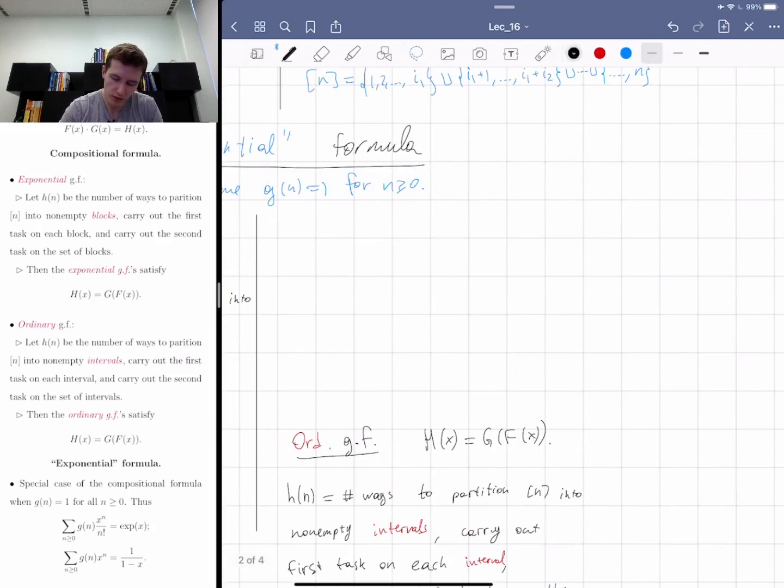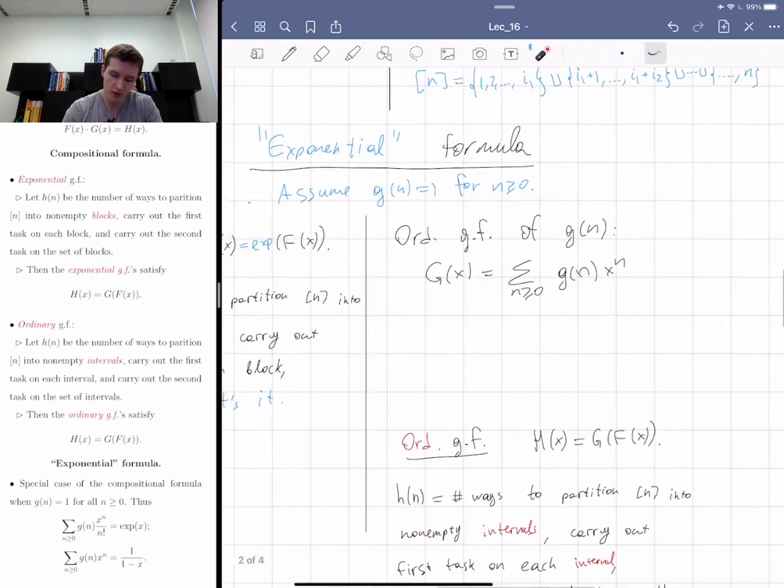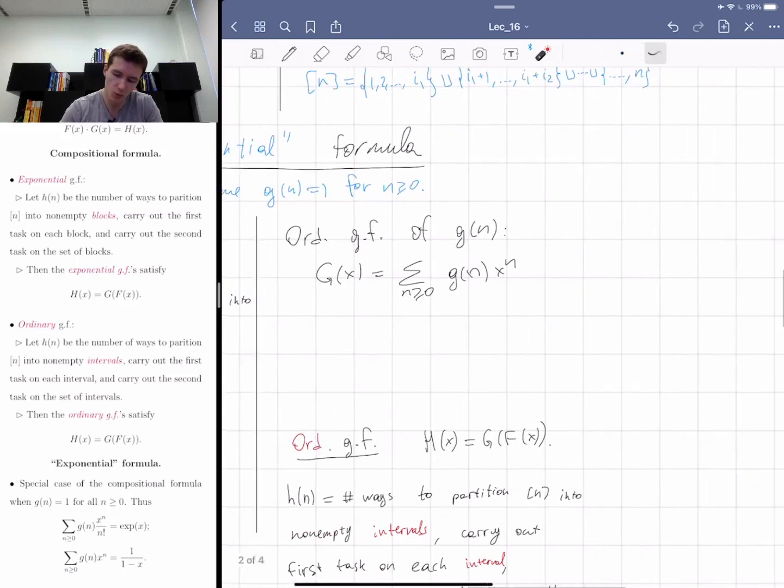So if you have an ordinary generating function of g of n, that's g of x is equal to the sum n greater or equal to 0, g of n x to the n. And because I'm assuming that g of n is equal to 1, instead of getting the exponential like on the left, I'm going to get just 1 over 1 minus x.